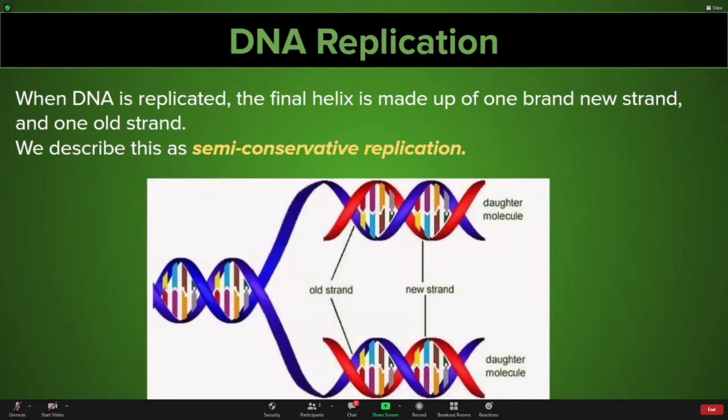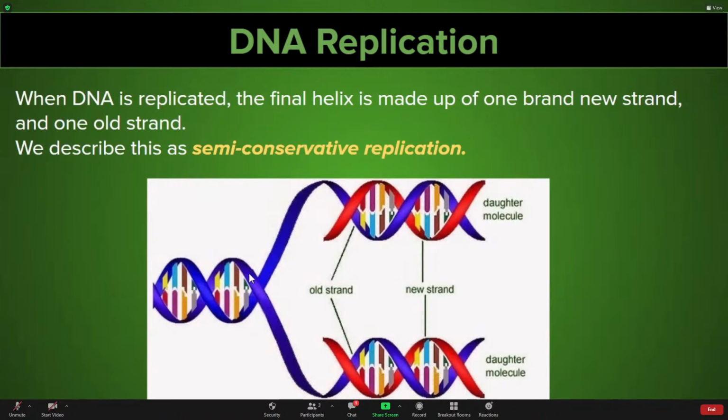When DNA is replicated, the final helix is made up of 1 brand new strand and 1 old strand. This is what we call semi-conservative replication. So this is our old strand in blue. Okay, our new strand for the top one has been built in red, and it is an exact complementary copy to the blue one. The other strand of our old DNA molecule down here in blue, we have a new strand built alongside it, again according to the complementary base pairing rules.